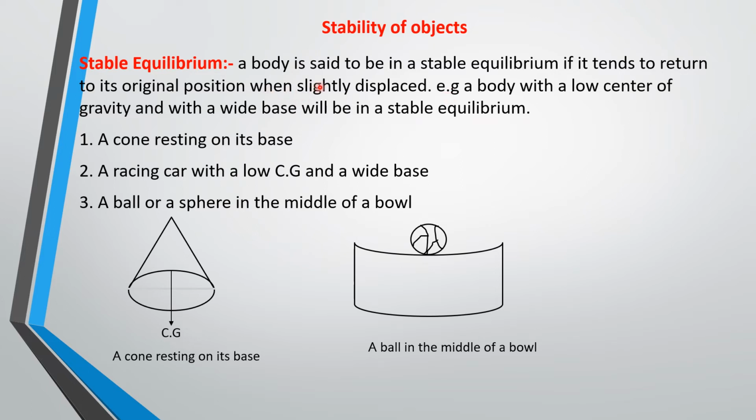So a body is said to be in a state of stable equilibrium if it tends to return to its original position when slightly displaced. E.g., a body with a low center of gravity and with a wide base will be in stable equilibrium. So if you look at some equipment like a racing car, you find out that the car is very low.